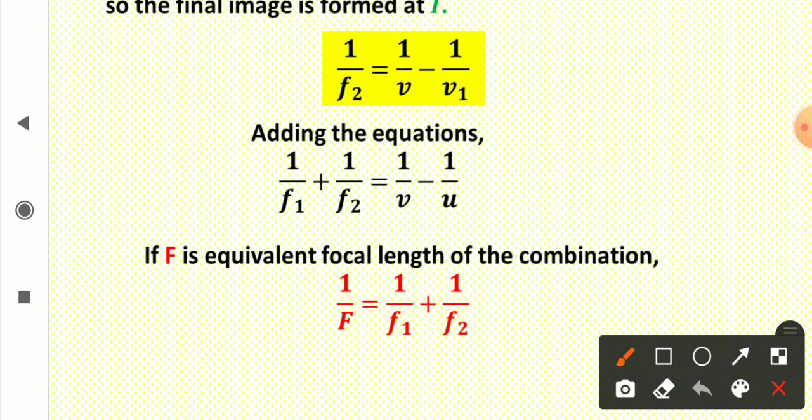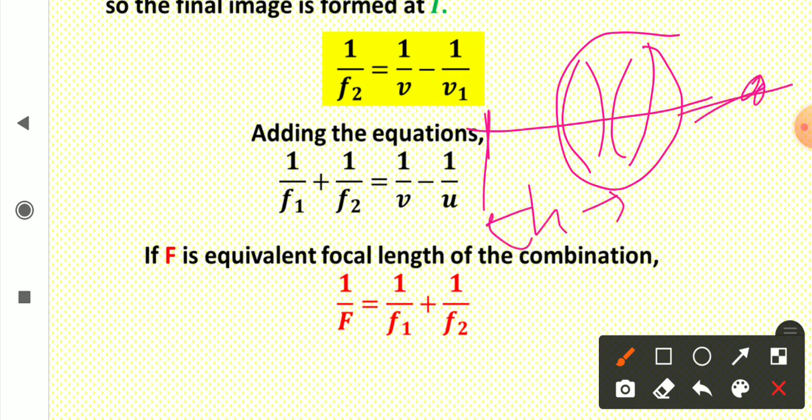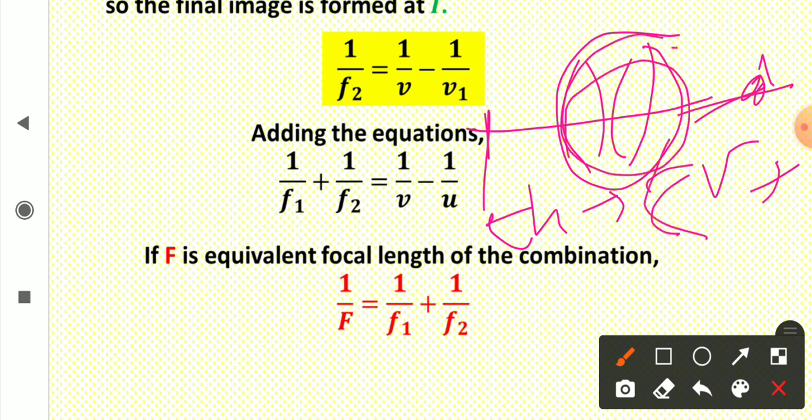Now for the combination of these two lenses, if this whole combination is replaced by a single lens, then the object distance was u and the final image distance is v. So the focal length of this combination is, say, f.